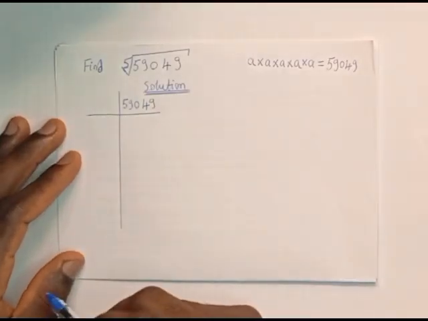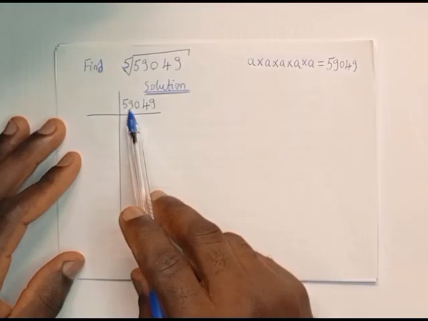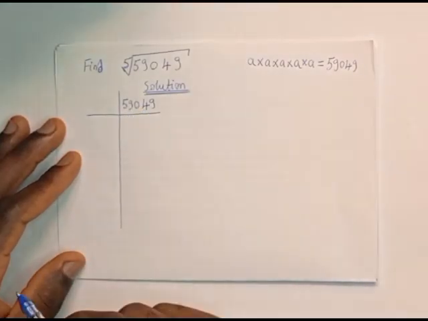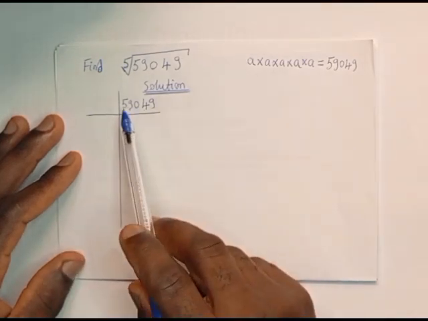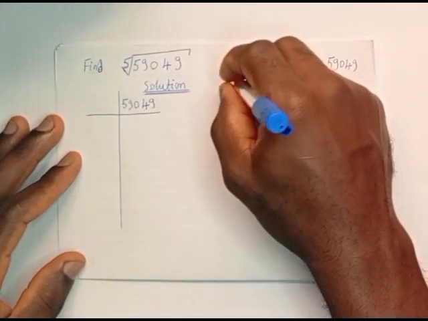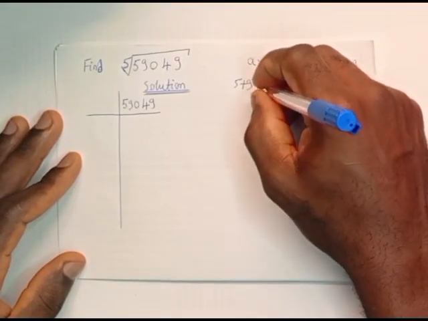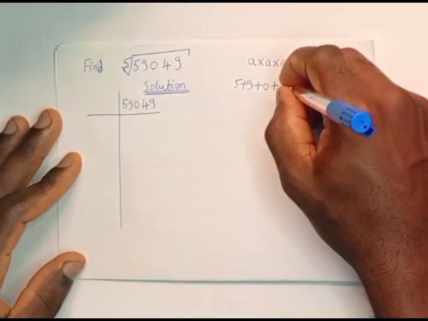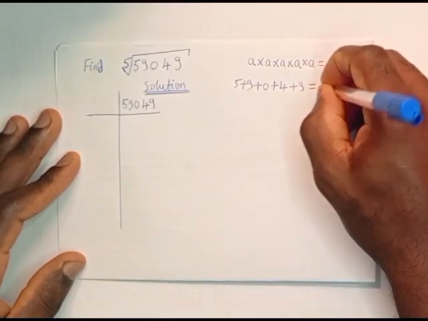First, we need a prime factor of the number 59,049. It is good to make use of the smallest prime factor. You will see that if we sum the digits of this number, 5 plus 9 gives us 14, plus 0 remains 14, plus 4 gives us 18, plus 9 gives us 27.